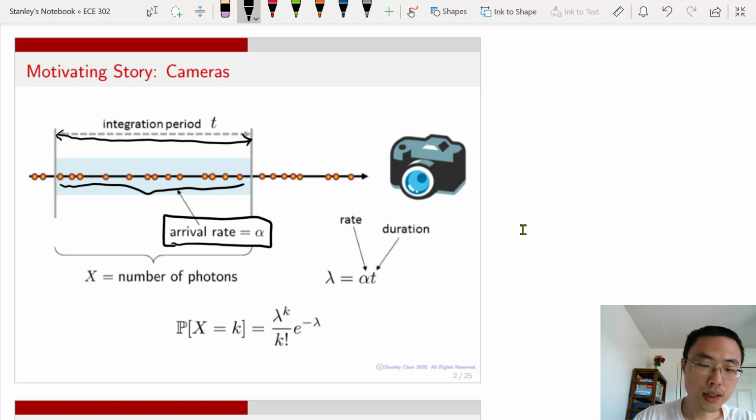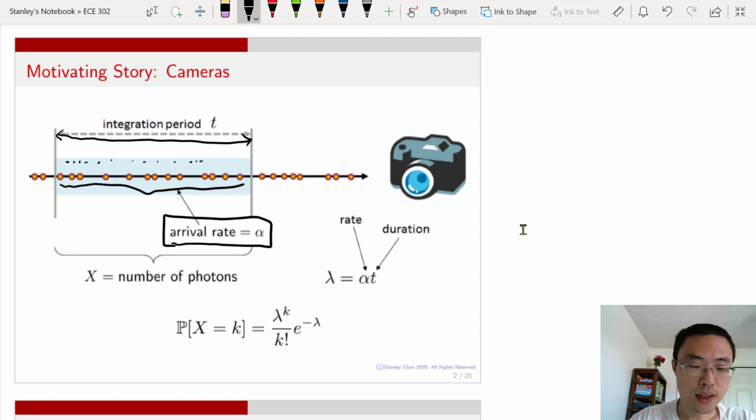So the magnitude of alpha will determine the density of these photons. If you have a high alpha, you have a lot more photons coming than with a low alpha. As the photons come to the camera, you are trying to record the number of photons.